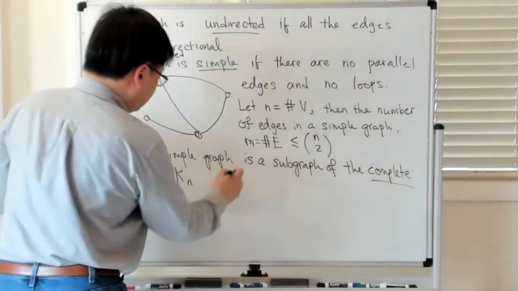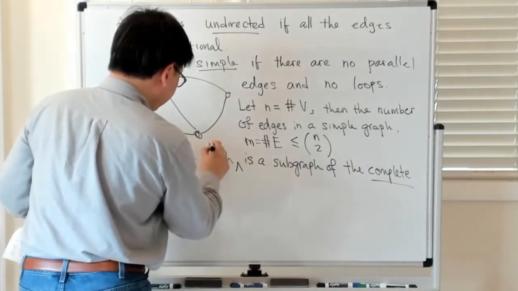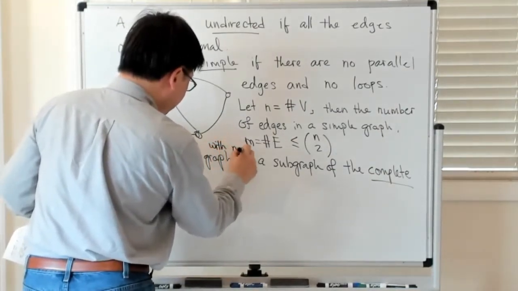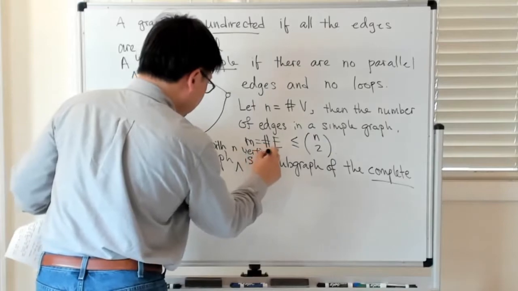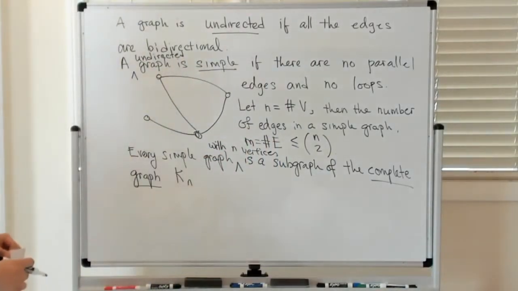I should say any simple graph with n vertices is a subgraph of the complete graph Kn.